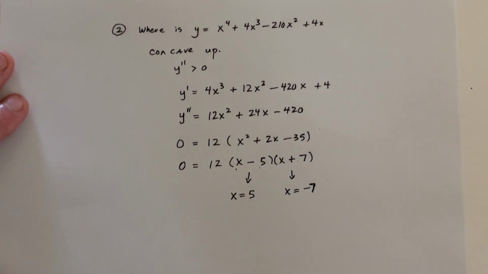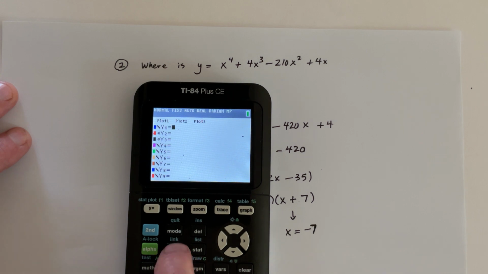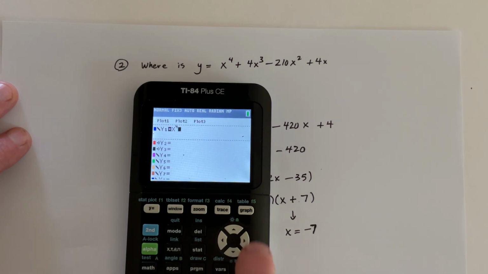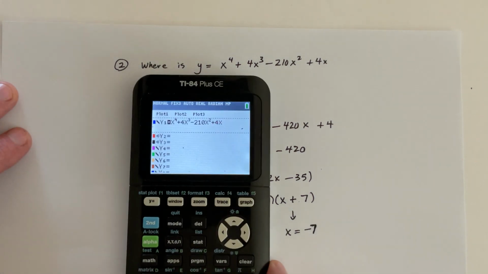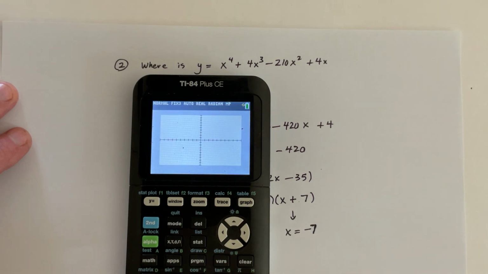Now let's see what's going on with the graph so you can see where it's concave up. So this one is x to the 4th plus 4x cubed minus 210x squared plus 4x. And the important numbers are a 5 and a negative 7. So if I go to zoom standard, let's see if we could see it.